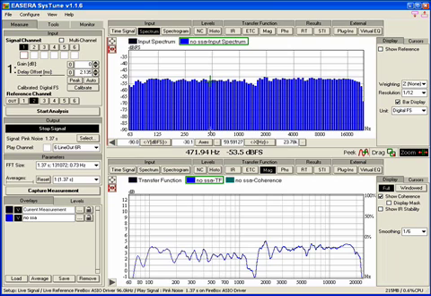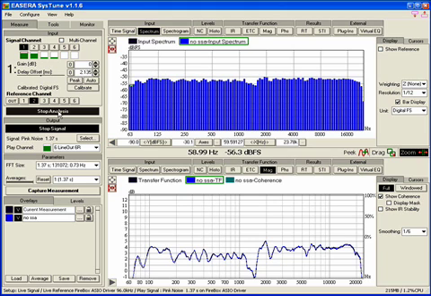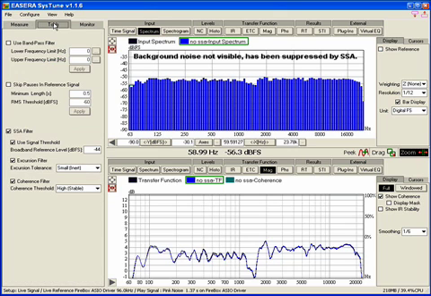Now we're going to start the analysis and start the guitar track with the SSA filter engaged. Okay, filter off, watch what happens.